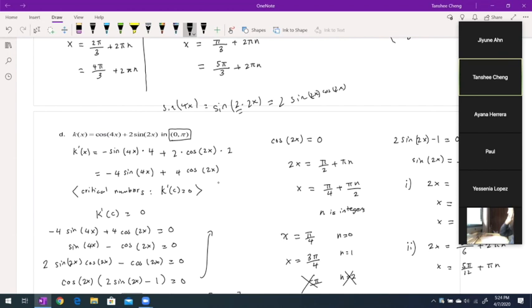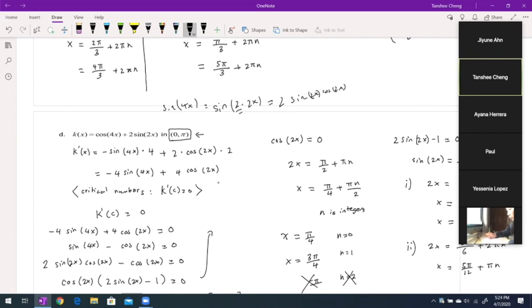So now, looking at my answers, because I don't need a general solution anymore. I need a specific interval within this interval. So when n is equal to 0, I will be getting what? Pi over 4, right? Because this portion will be 0. When n is equal to 1, then this will become what?